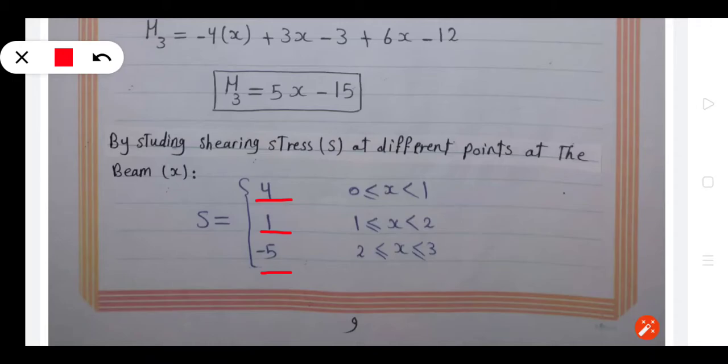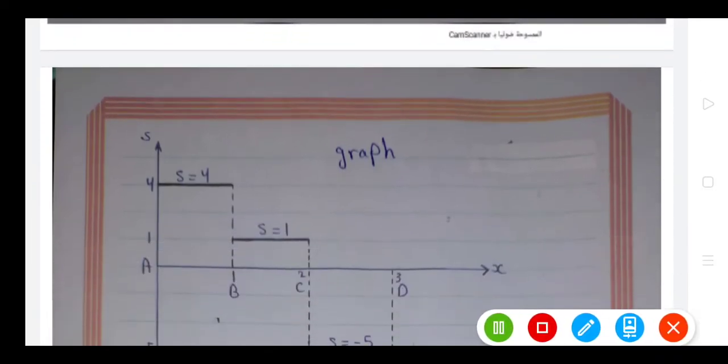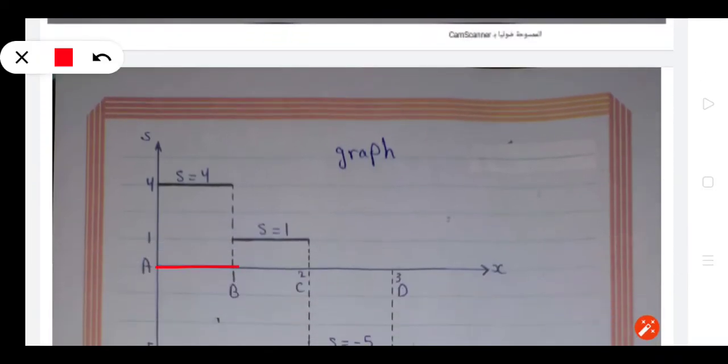That means that S is a fixed value, so we can draw it as a line parallel to the x-axis in these intervals. From 0 to 1 equals 4. That line represents S1 equal 4 from 0 to 1.